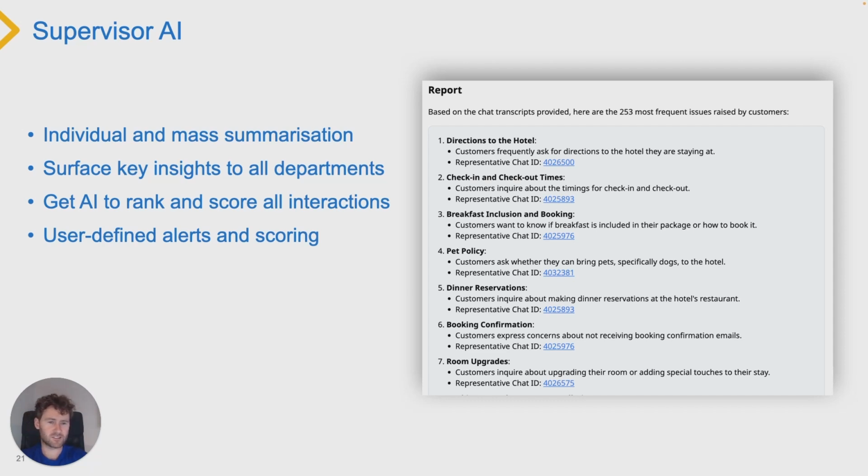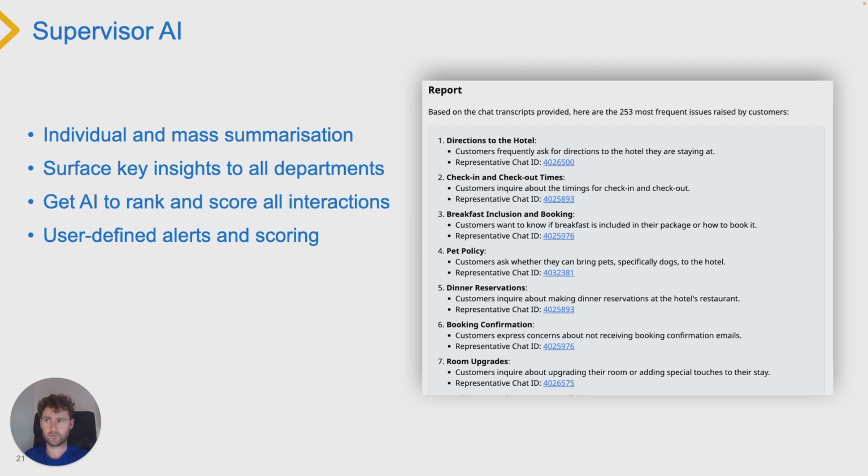Also in the contact center, it's not just agents, of course. You've got supervisors, QA analysts, admins, and AI is obviously helping all those roles as well. The most common use case today is summarization, whether this be for a single conversation or en masse.